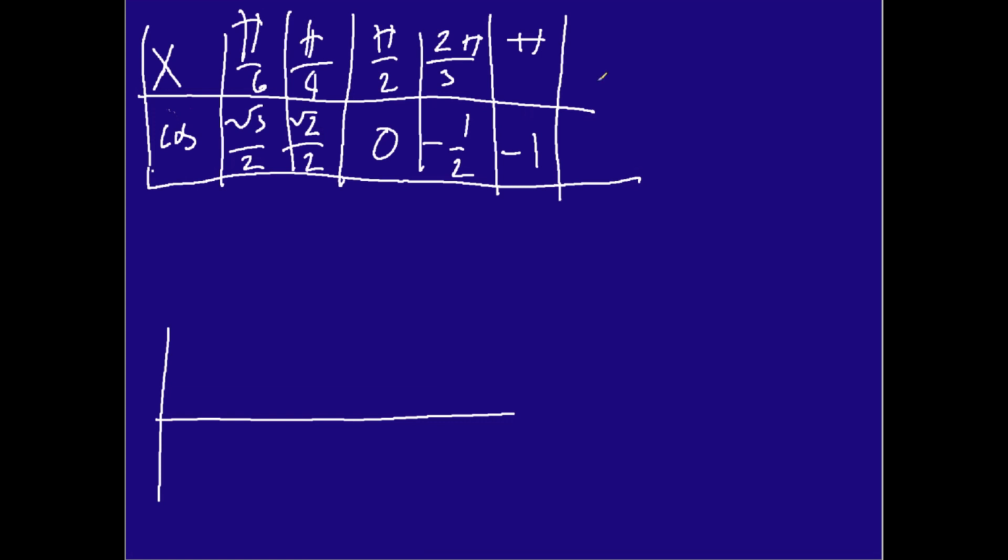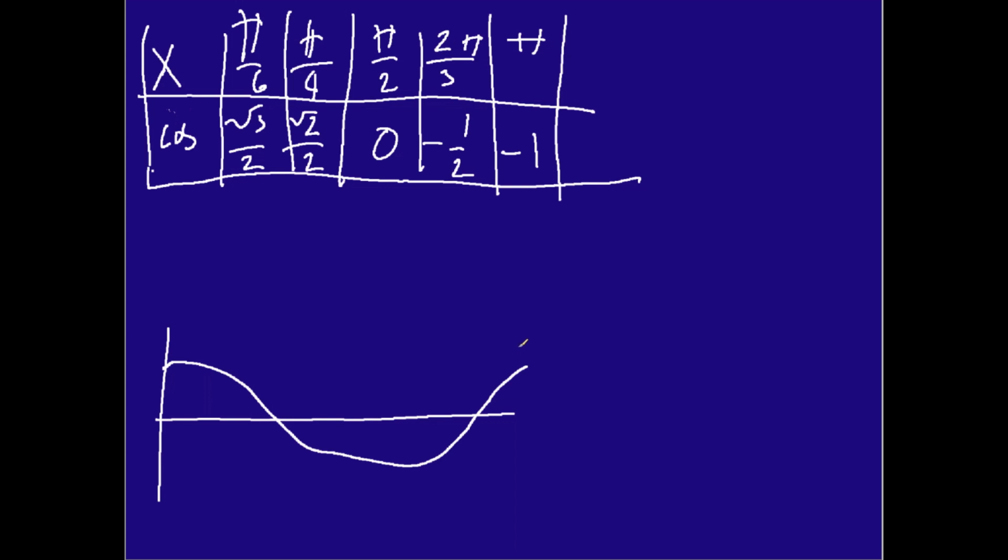Cosine is dealing with the x coordinates on the unit circle. So when I deal with this, I have pi over 6 giving square root of 3 over 2, pi over 4 giving square root of 2 over 2, etc. When you graph this, you start here at about 1, and then it's a little bit lazier looking, like that.